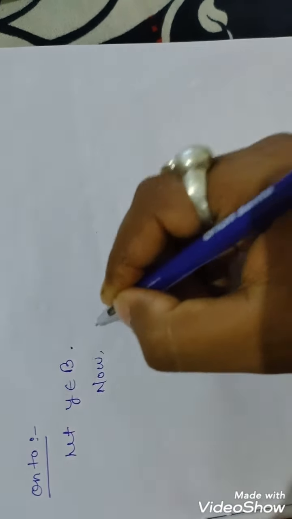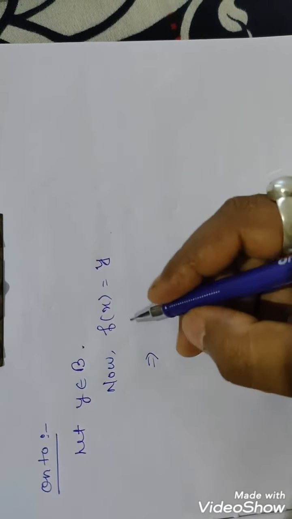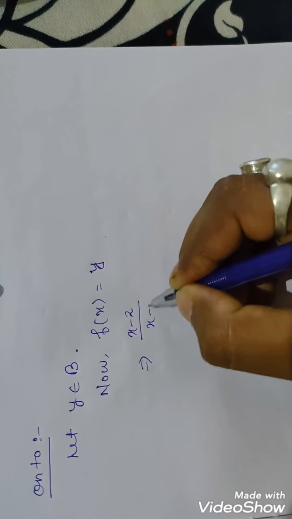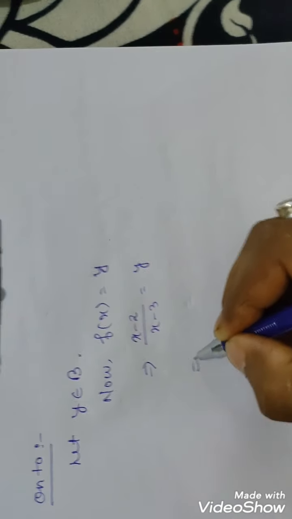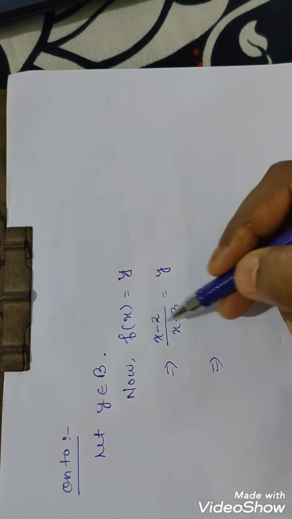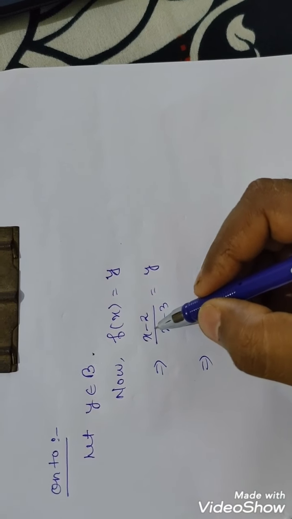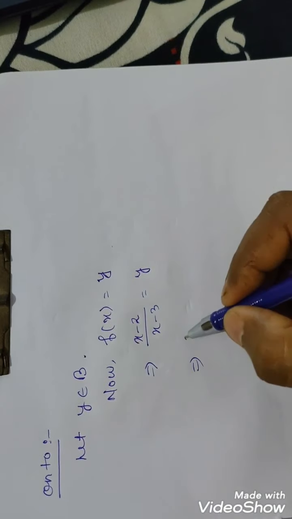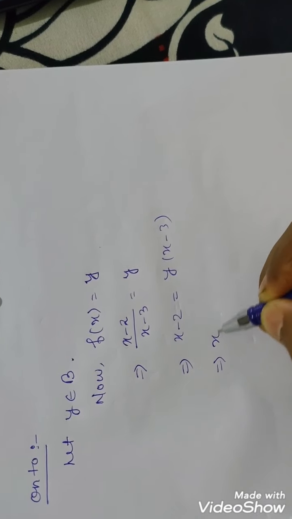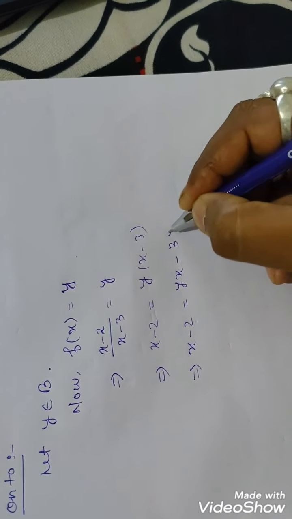Now f of x is equal to y. So f of x means x minus 2 divided by x minus 3 equals y. Now you express x in terms of y. Simplify: x minus 2 equals y into x minus 3, which is yx minus 3y.